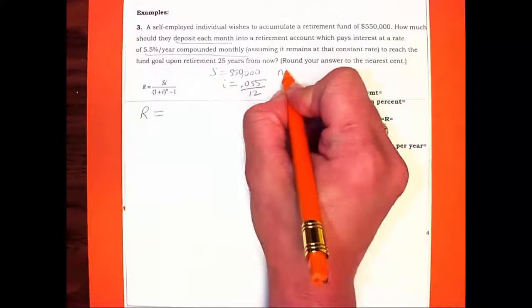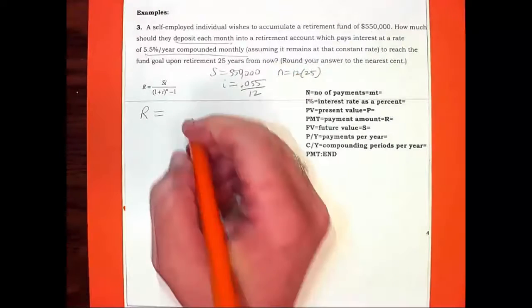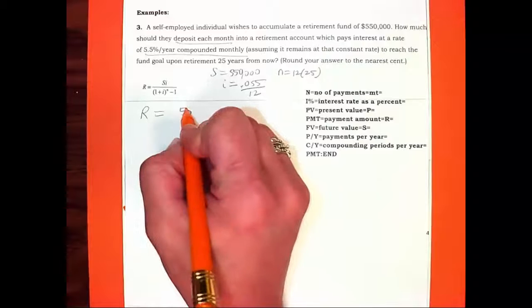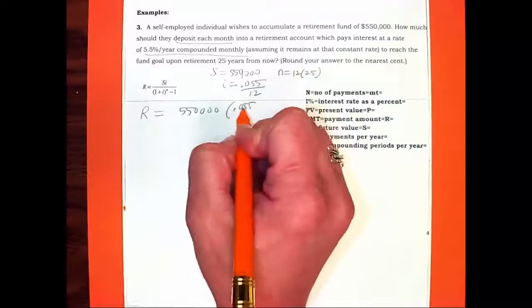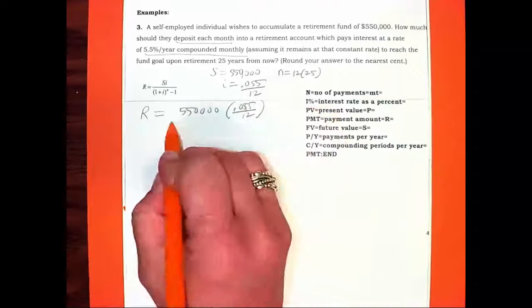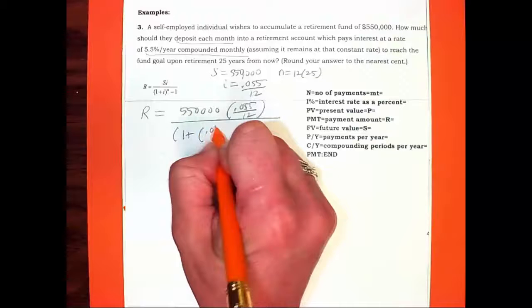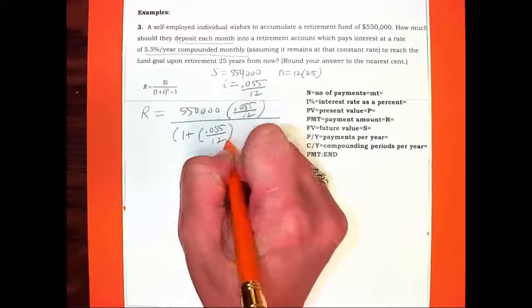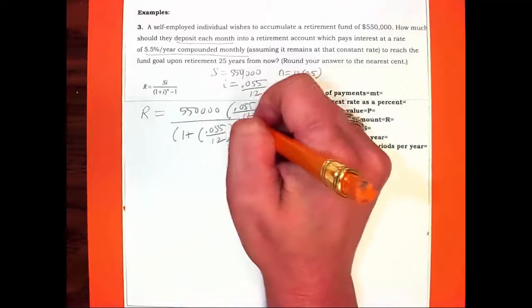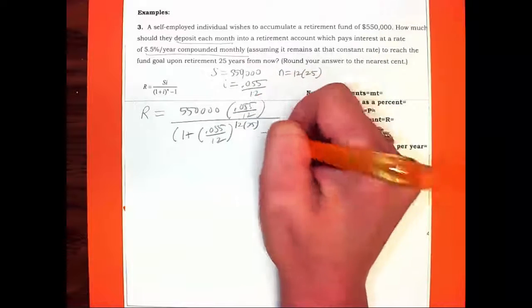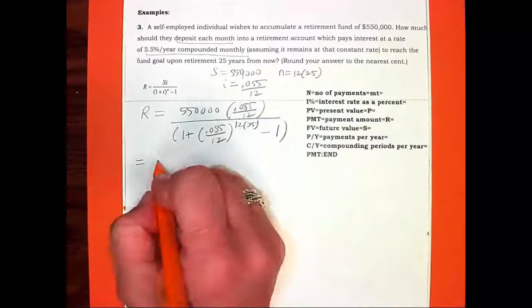So N is equal to 12 times 25, MT. So R, we've got 550,000, and then times the 0.055 over 12, divided by 1 plus R over M to the MT, so that's our N, and then minus 1. So again, plugging into the calculator might help working backwards.